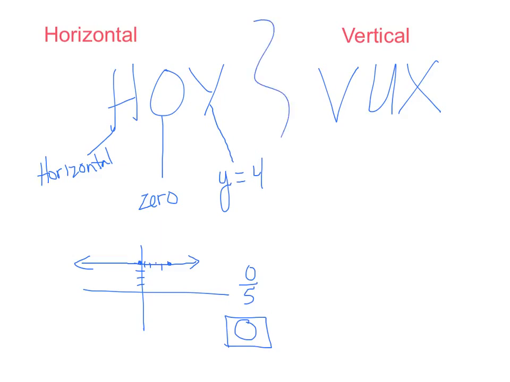And then the second type are your vertical lines. Can you guess what the V stands for? All right, and then the U means that the slope is actually going to be undefined. We'll talk about that in a minute. And their equations don't have y's in them, they only have x's in them.